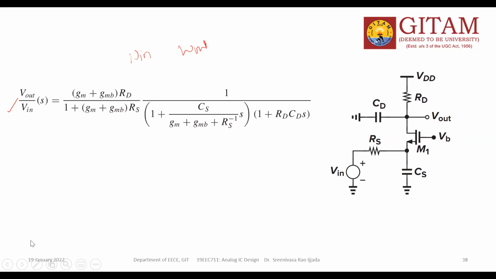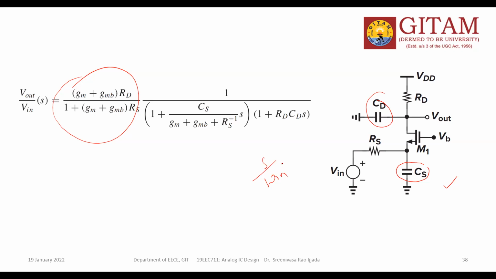Now those values for this circuit, this is also common gate. Gate is common. So here is one capacitor, here is one more capacitor. You can say CS, the source capacitor, and the drain capacitor. Then the transfer function, this is the low frequency gain. Keep it as it is, 1 by 1 plus s by omega in.